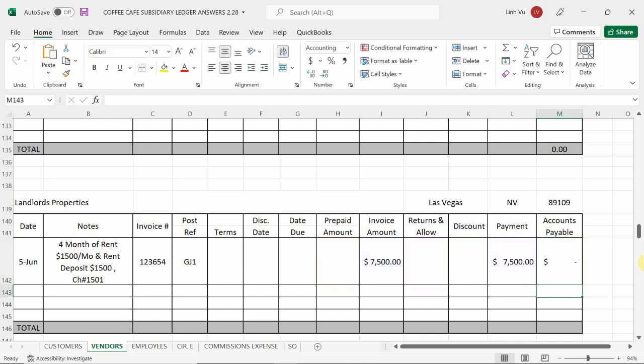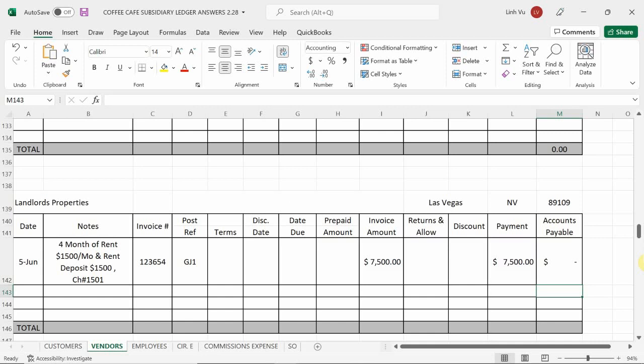So that's the idea here: what are you calculating to reduce the accounts payable? The accounts payable is going to be starting off with your invoice amount. Things that are going to decrease accounts payable are your prepaid, returns, discounts, and payments. Okay? We know this in general, right? We know that anything that goes towards a payment is going to reduce it.